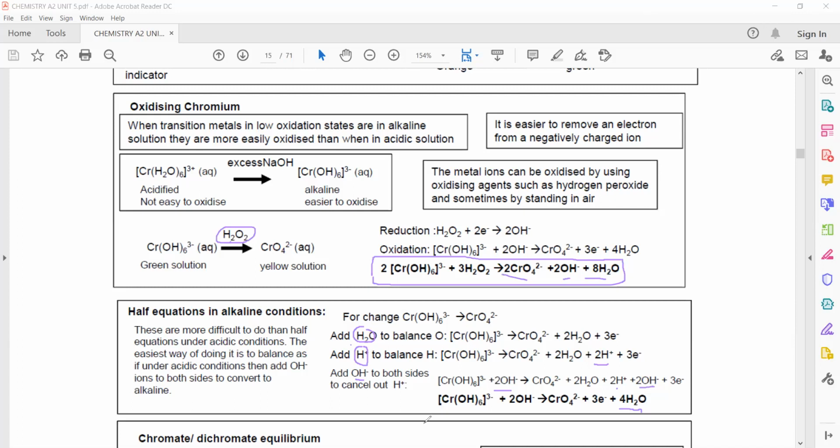If you remember how we balance the redox equation in acidic medium. For example, if I say I was having Cr2O7 with the charge minus 2 changing into Cr plus 3.